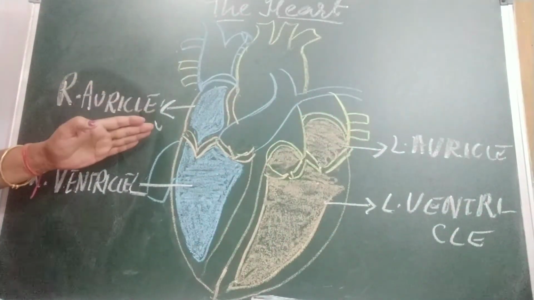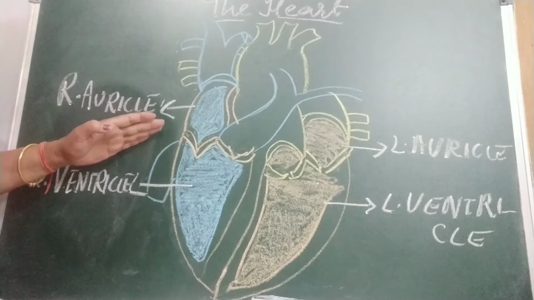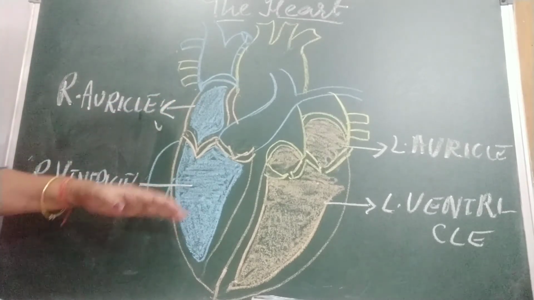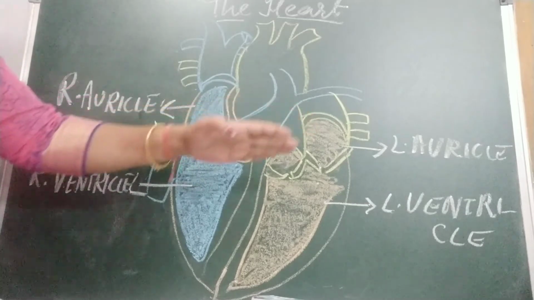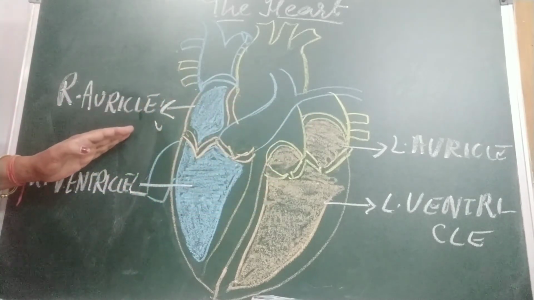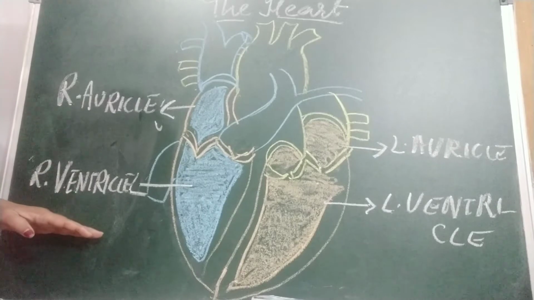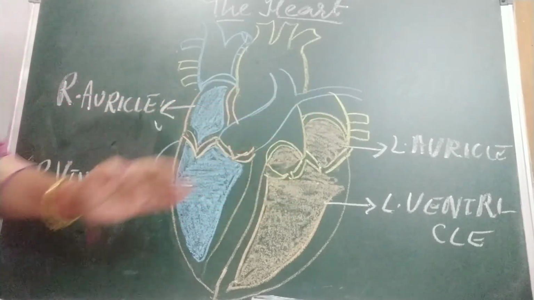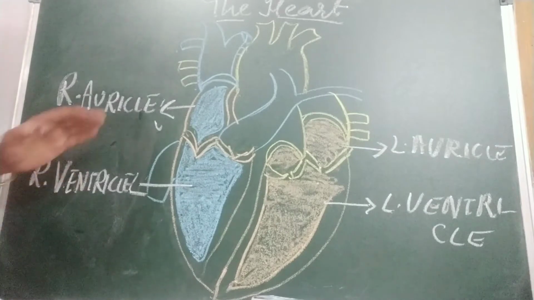Now how does it function? The right auricle opens in the right ventricle, and the left auricle opens in the left ventricle. What happens, children?